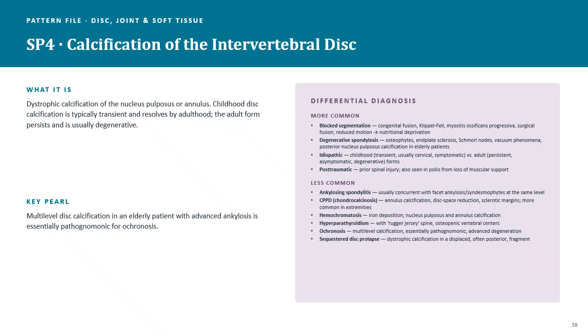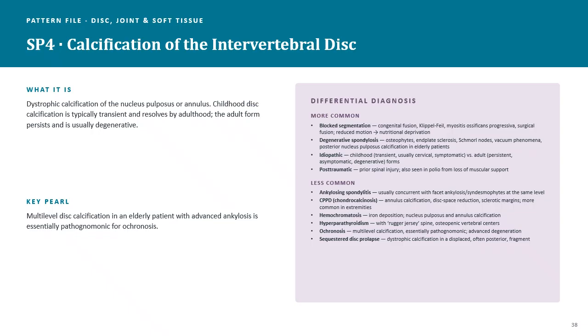With ochronosis, this is a rare metabolic condition that causes multiple discs throughout the spine to start to become ossified. So if you see extensive calcification involving multiple or many disc levels, especially if we're talking about an older patient, we want to think about this condition.